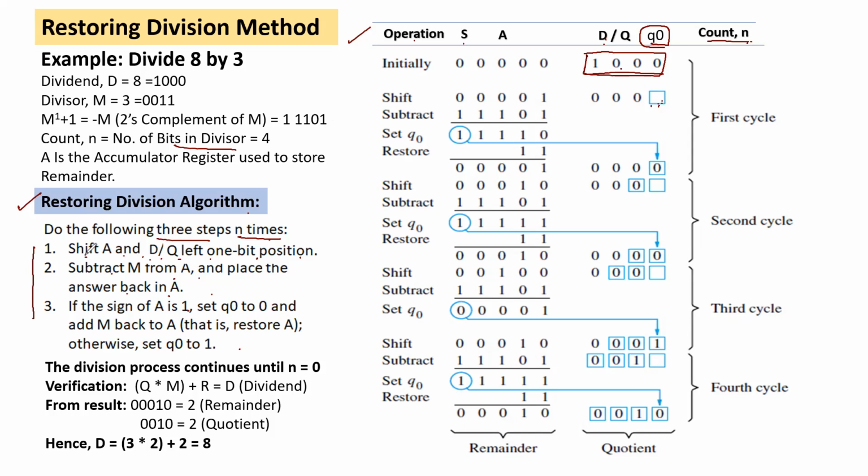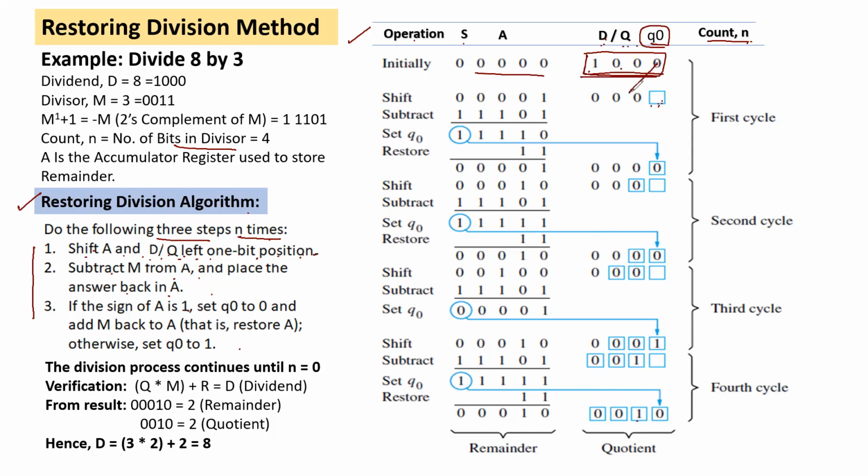Now, according to the first step, shift A and D slash Q left 1 bit position. D slash Q means in the beginning we stored the dividend bits. At the end of the process, the total number of bits in this register stores the quotient bits. Now shift A and D slash Q left 1 bit position. That means the total bits of A and these bits should move towards the left side.